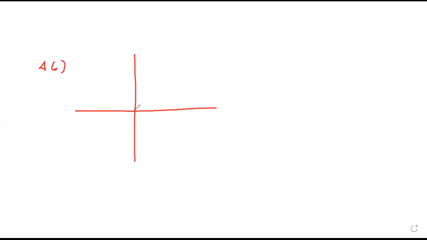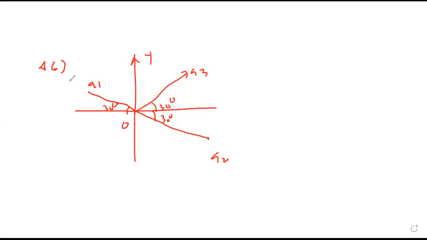This is charge Q3, angle 30 degree. Charge Q2, this angle is 30. Even this will be 30, vertically opposite angle. Here charge Q1 at the origin.